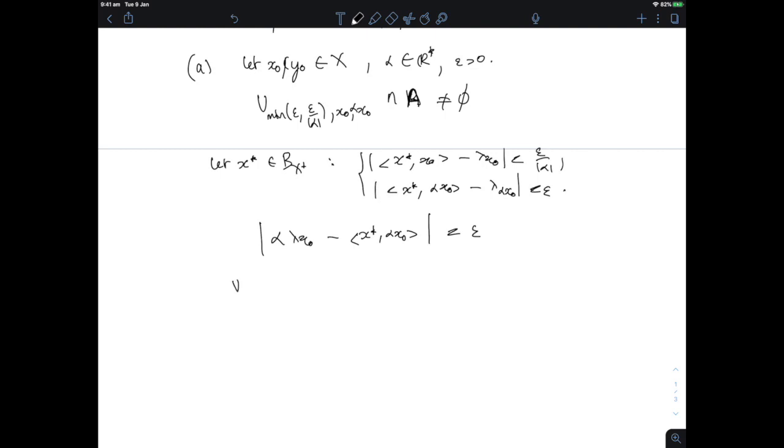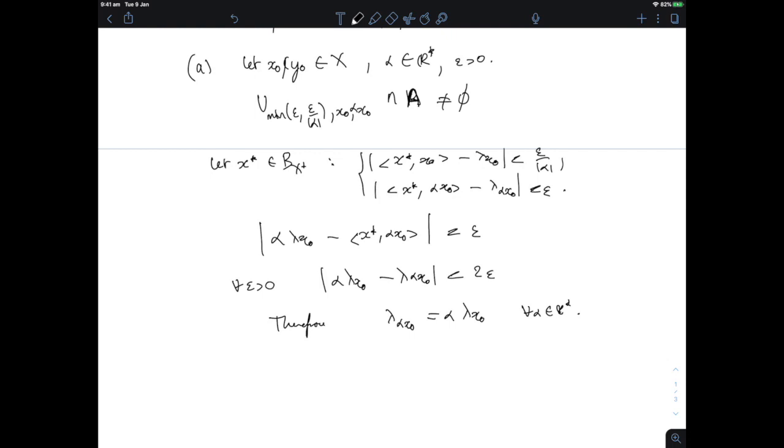So we get that for every epsilon, alpha lambda x0 minus lambda alpha x0 is smaller than 2 epsilon. And therefore, well, it's for every epsilon. So lambda alpha x0 has to be alpha of lambda x0 for all alpha in R star. So that gives us part of the linearity, at least for alpha non-zero.